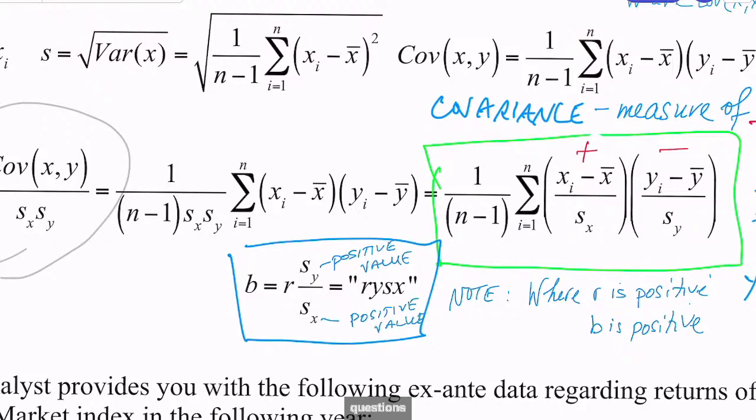Questions? So slope is a different concept than R. Slope gives the direction, the slope of that relationship. R gives you the strength of that relationship.